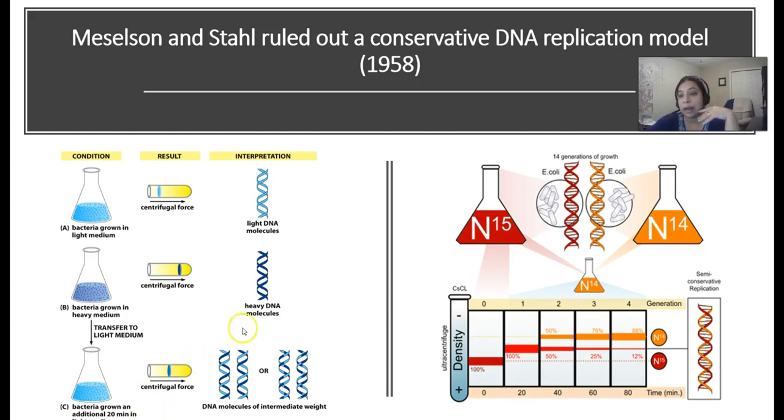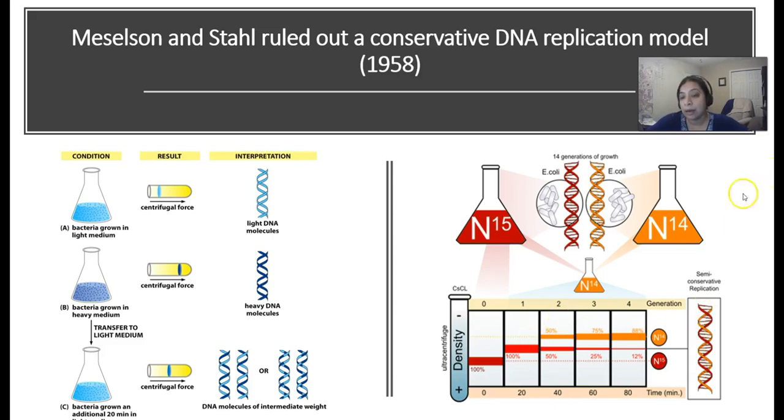Now they then allowed them to grow more time in the light medium. So they started off with 100% heavy DNA. And within 20 minutes, like I said, they saw a shift and a single band indicating that it was half and half at that point.